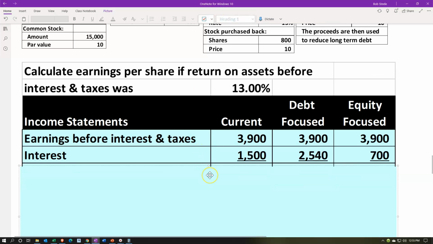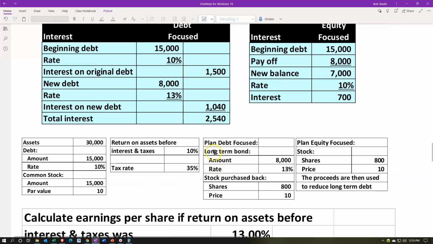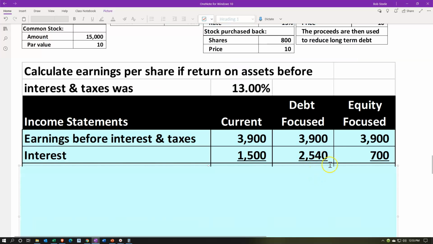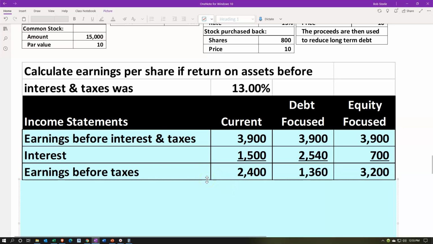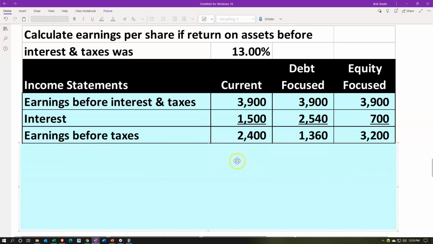We see that the interest is going to be the same format we did before. We had the 1,500 beginning, 2,540 for the debt plan, 700 for the equity plan. Same layout we saw in the prior scenario. And that's going to give us the earnings before taxes of 2,400, the debt 1,360, and equity 3,200.